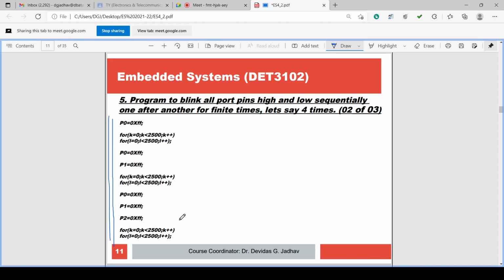And then P0 is made 1. All the 8 pins of P0 are outputted 0xFF, so the P0 port is made 1111 1111.